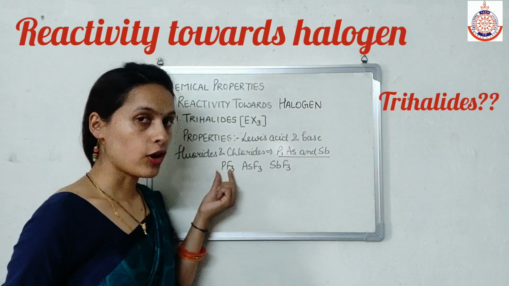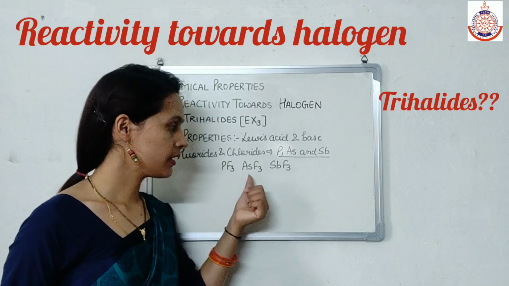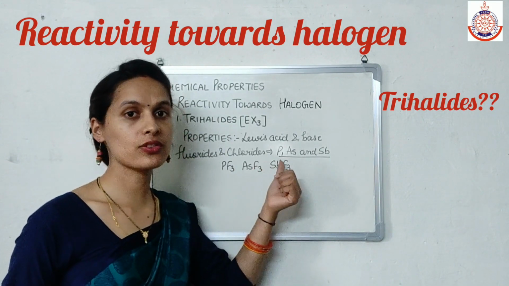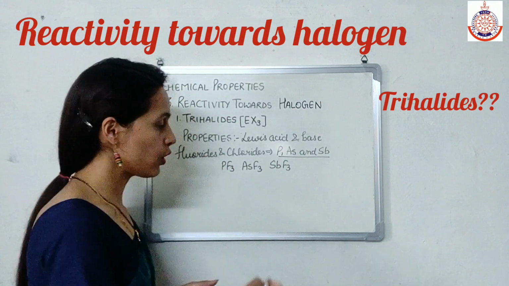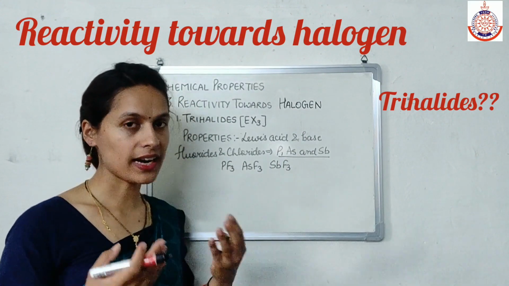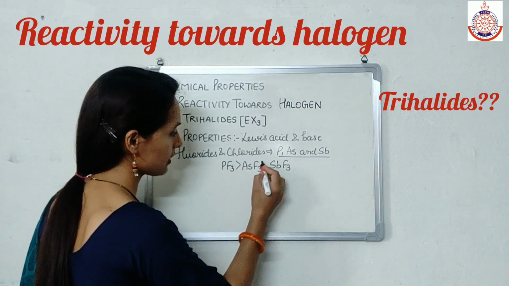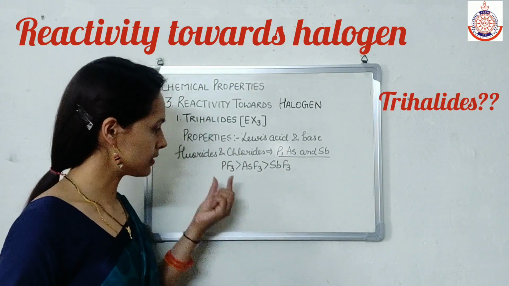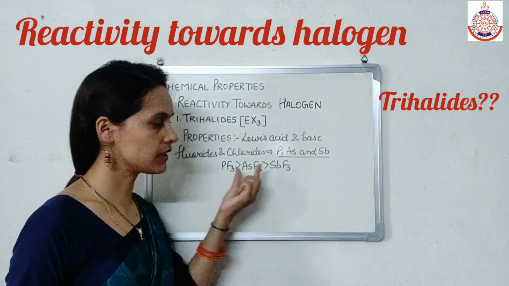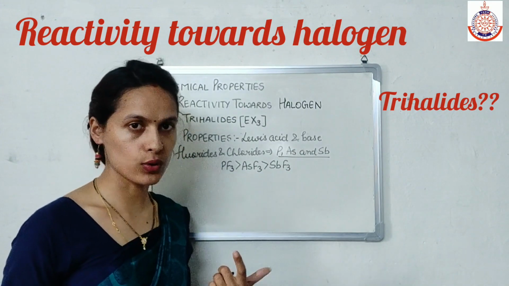Phosphorus is more electronegative than As, which is more electronegative than Sb, so phosphorus can easily attract the electron in its d orbital, so the acidic character is like this. This one acts as a strong Lewis acid and this one acts as a weak Lewis acid.